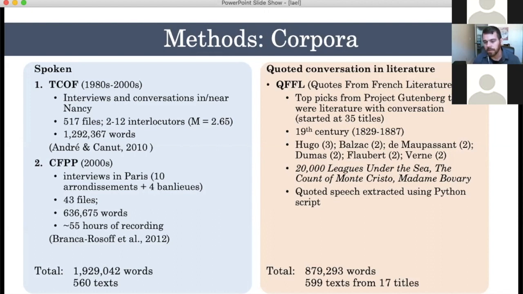I'm sure you're familiar with some of these authors, such as Hugo, Balzac, de Maupassant, Dumas, Flaubert, and Jules Verne, titles that are internationally celebrated and famous, and you've probably read at least a few of them, or heard of them, or watched the film version. I ended up with 17 titles of the 35 that had qualifying quoted speech chunks that I could treat as a conversation, which was about 600 texts, but only about 880,000 words. So shorter texts in this case.